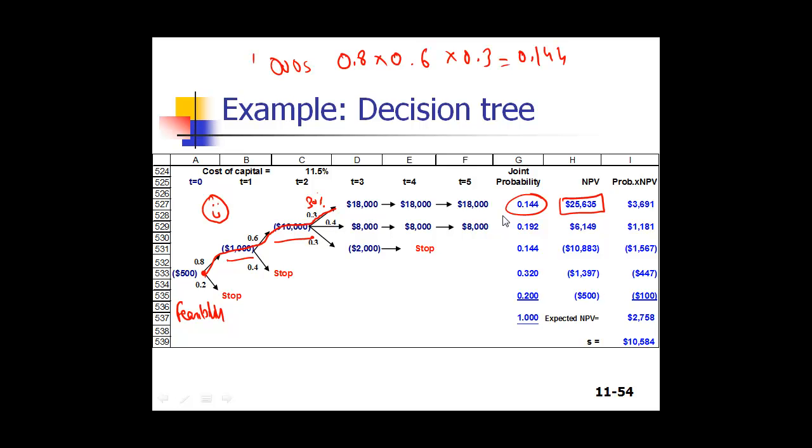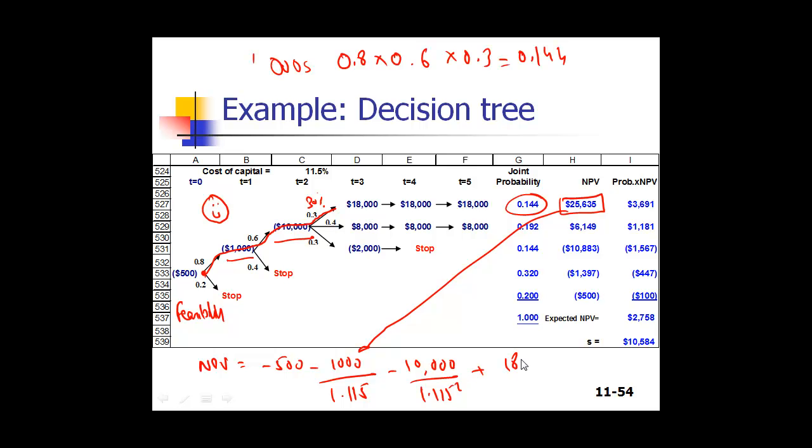So this NPV, for example, was calculated using: the NPV is equal to minus 500 minus 1000 divided by 1.115, minus 10,000 divided by that squared, and then plus 18,000 over the thing cubed, and plus this and plus that.